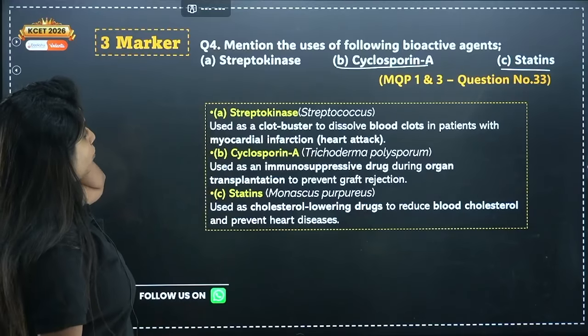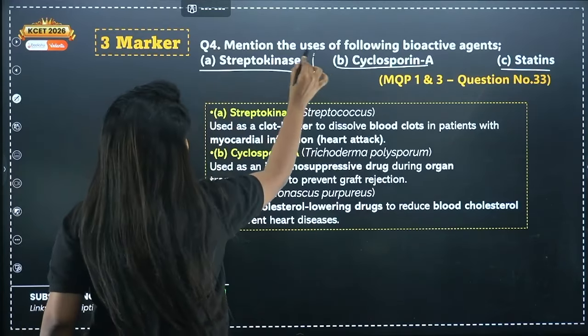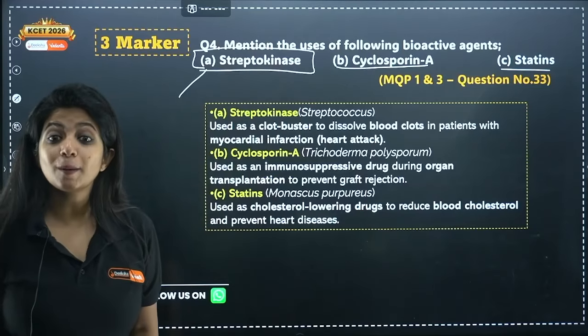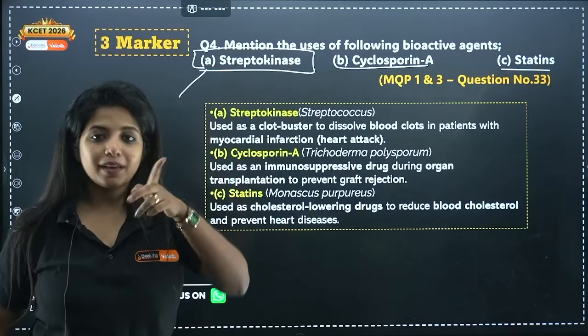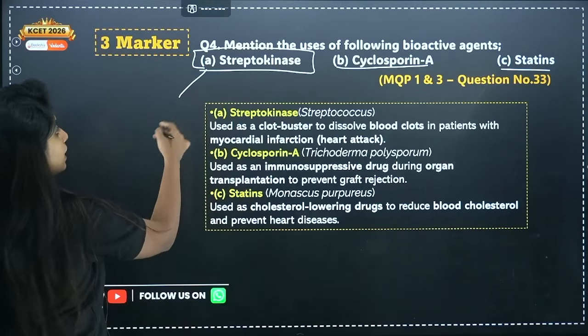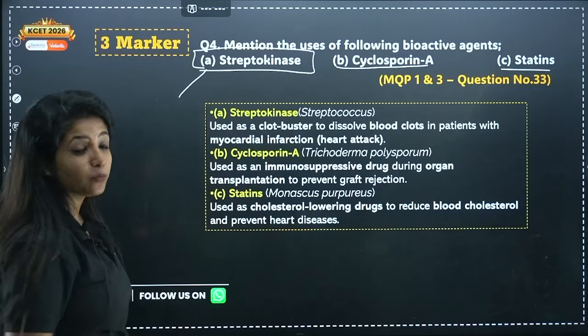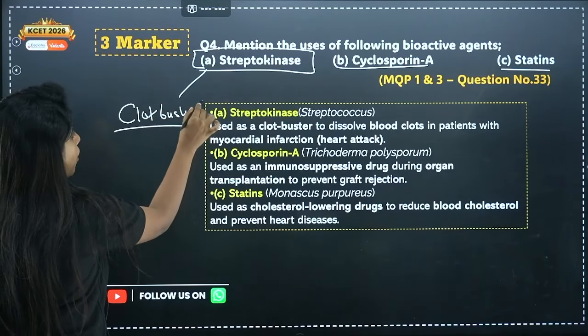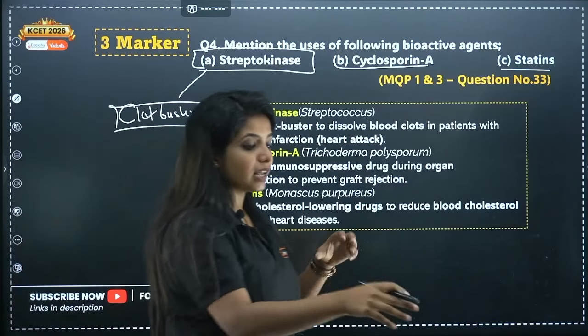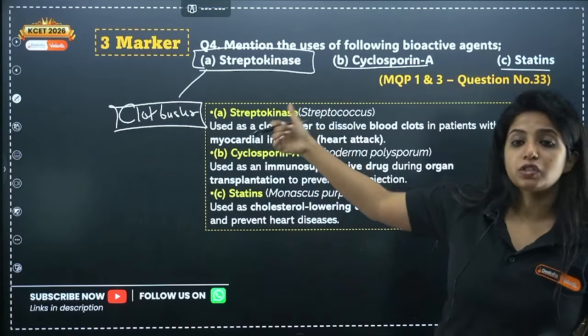Okay, so we were talking about that. Now we have streptokinase. This we get from Streptococcus, not Staphylococci, Alexander Fleming. Streptococcus is a bacterium from which you get streptokinase. This is a clot buster, as in any clot in our blood can be busted with the help of streptokinase.